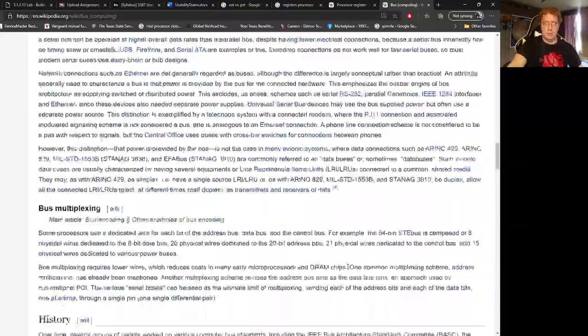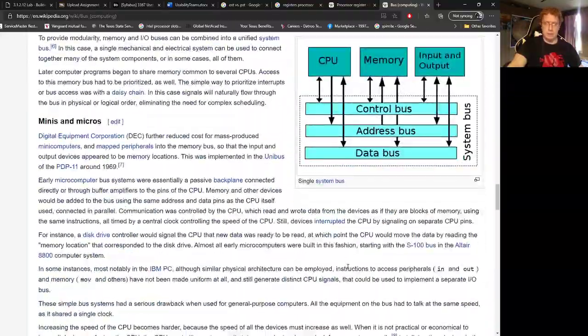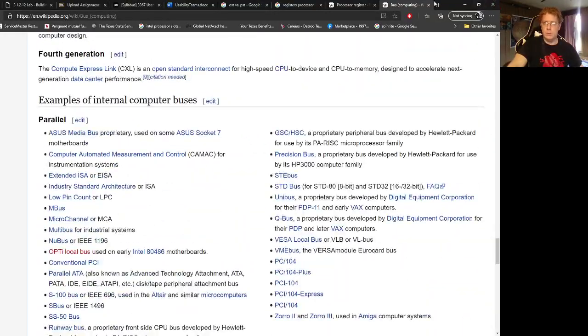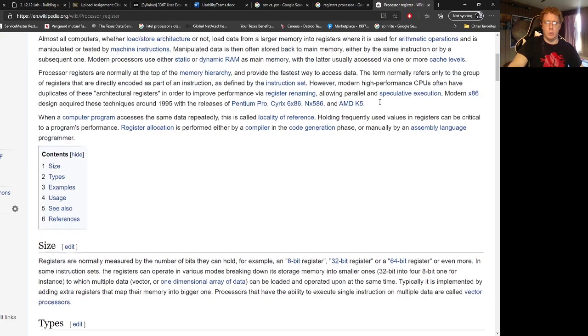Here's an example of a bus in terms of what it means in computing, and what a register is.